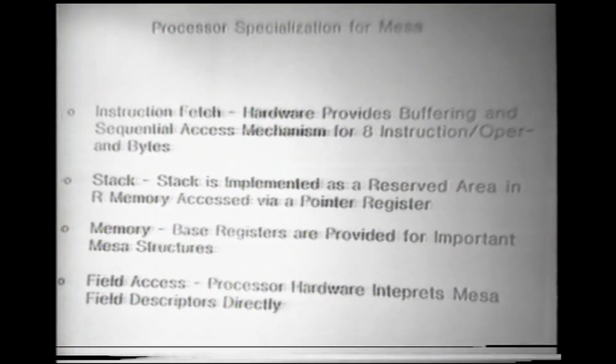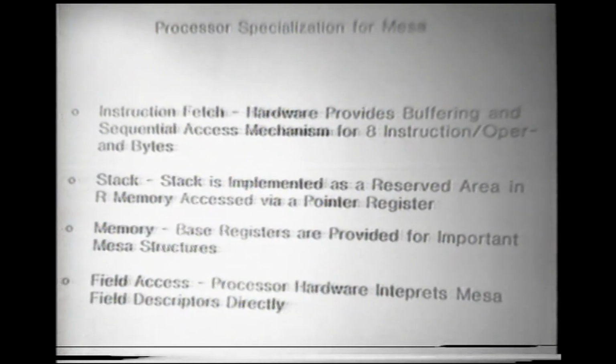The context is manifested in hardware. That is, there is a pointer which can access the central registers of the machine, and the operations are made available for that pointer, which mirrors the kind of operations that the MESA instruction set wants. The MESA instruction set believes that the main memory is more highly structured than a typical minicomputer. In particular, there are a number of pointers which tell you about the local context.